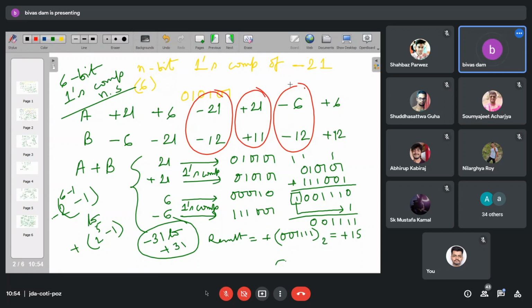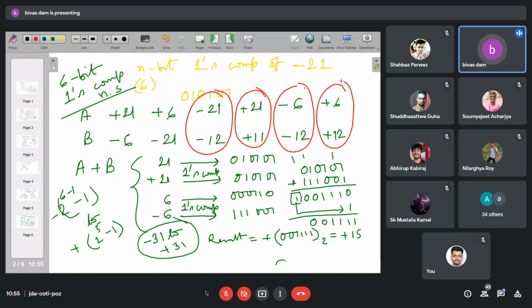Here I have added two positive numbers, and here two negative numbers.